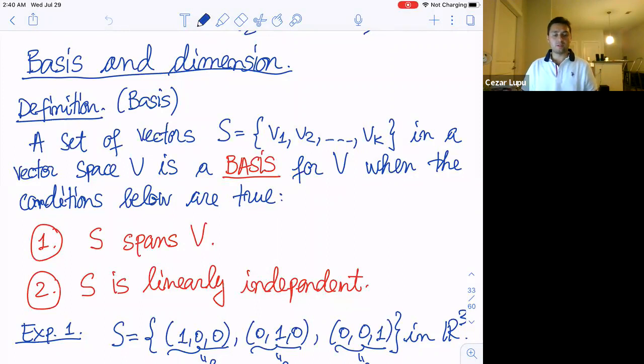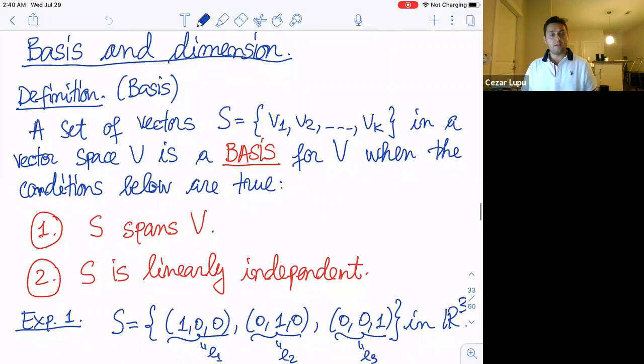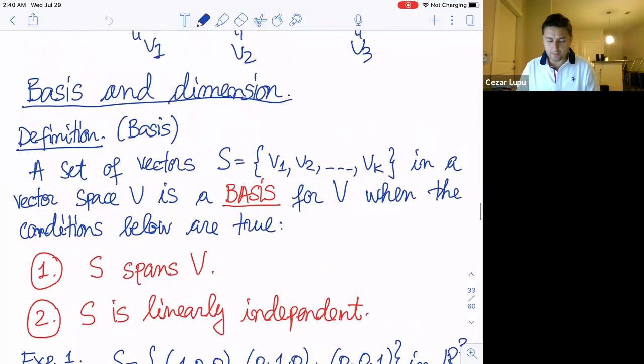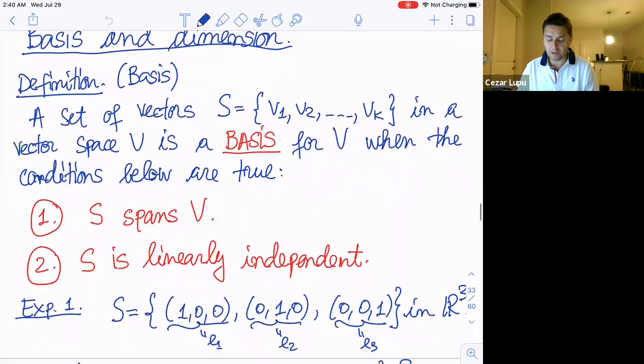As you can see written in red, the first one is that this set spans the entire vector space V. And the second condition is that this set is linearly independent. In other words, the vectors inside this set S are linearly independent.